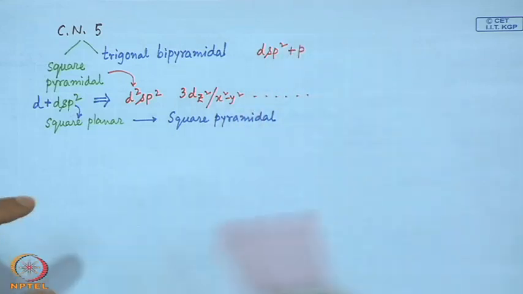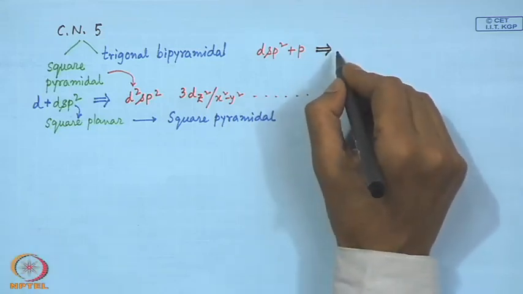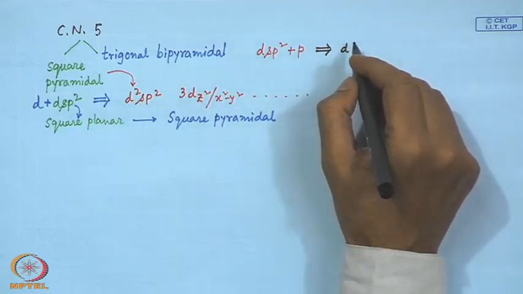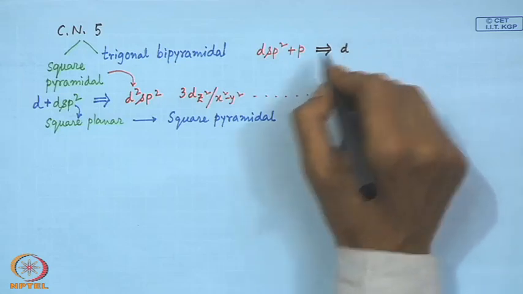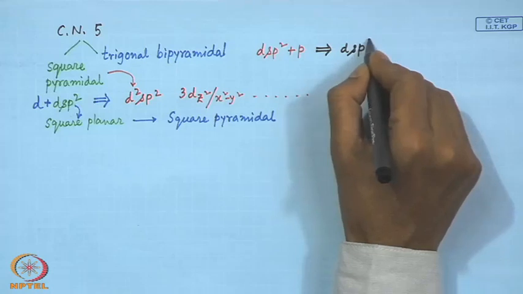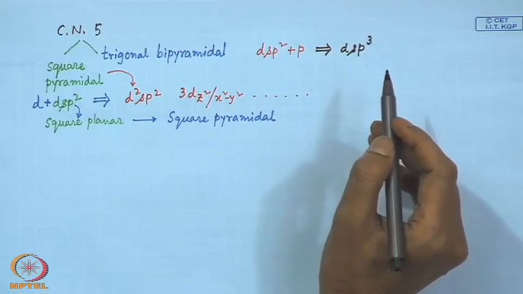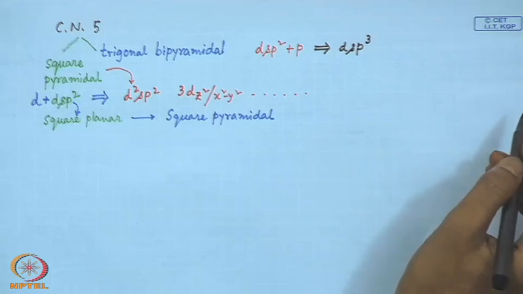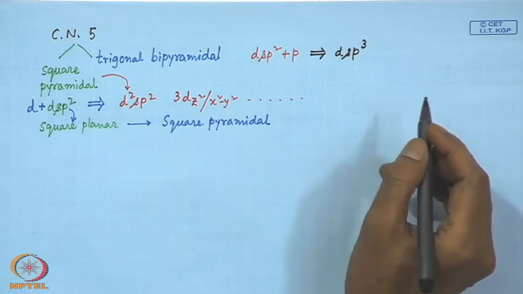So, for trigonal bipyramidal geometry, the hybridization scheme would be dsp3, 1 d, 1 s and 3 p orbitals. So, these are the two types of hybridization scheme for the square pyramidal and the trigonal bipyramidal geometry.